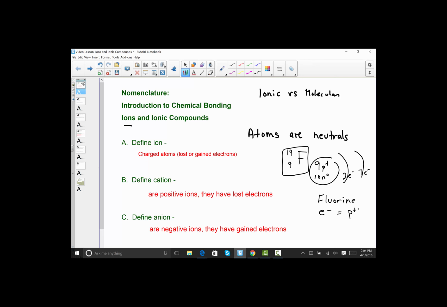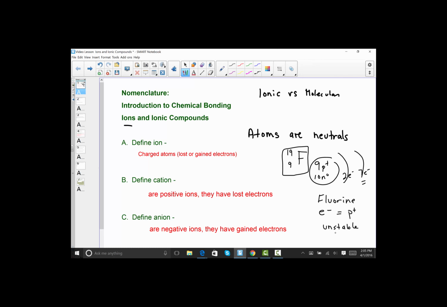So this actually is a very unstable electron arrangement. The reason is this energy level is not full. A second energy level would like to hold 8 electrons to achieve a noble gas configuration. Every atom on the periodic table would like to achieve the noble gas arrangement. Fluorine as an atom is an unstable arrangement.